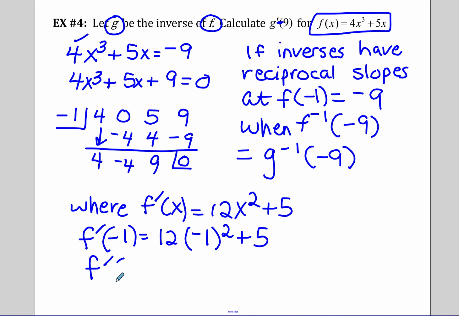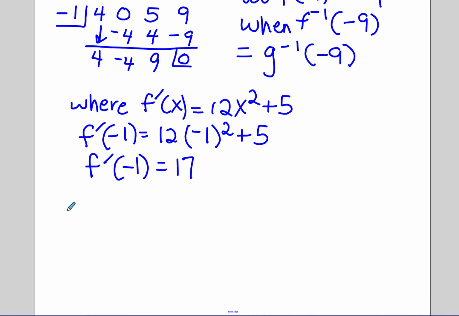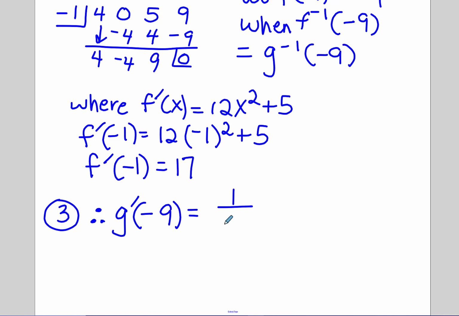So our derivative at -1 on the f graph is 17. And the slope on the inverse at -9 is the reciprocal of the slope on the function. The slopes of inverses are reciprocals.